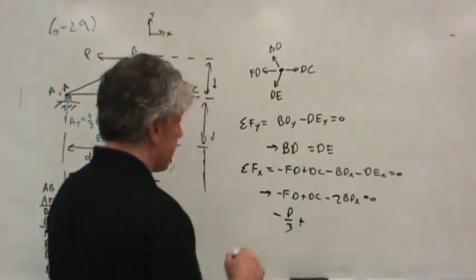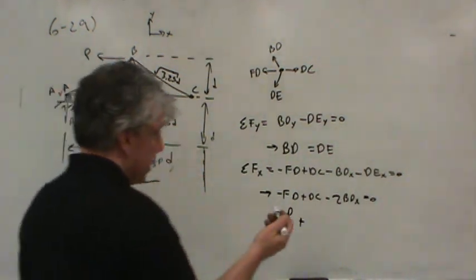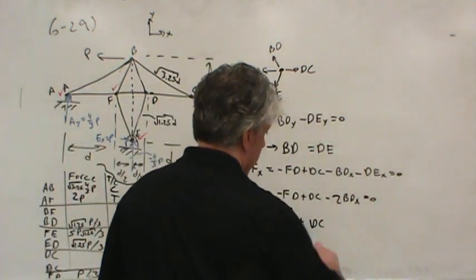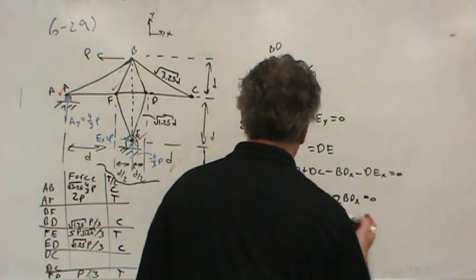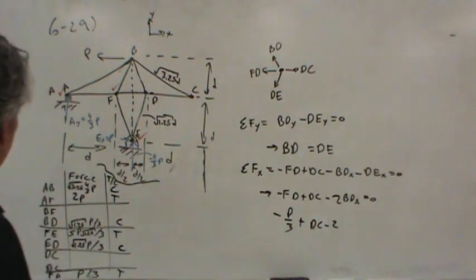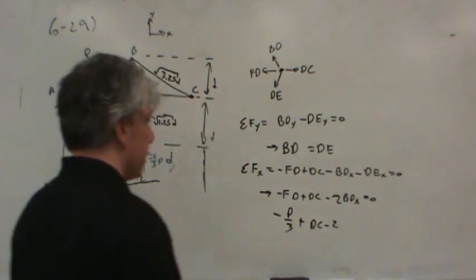So I said the negative comes from the equation. DC, not known, let's just leave it as DC. Minus 2 BD. Well, BD, we need the horizontal piece, but what is BD itself? Well, it's root 1.25 P over 3, so let's put that in.